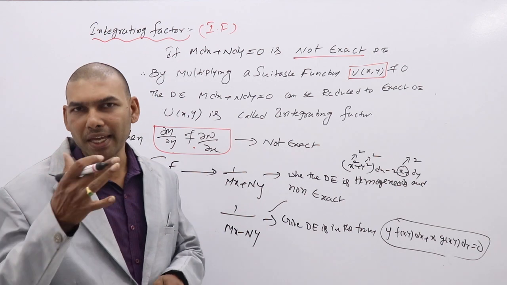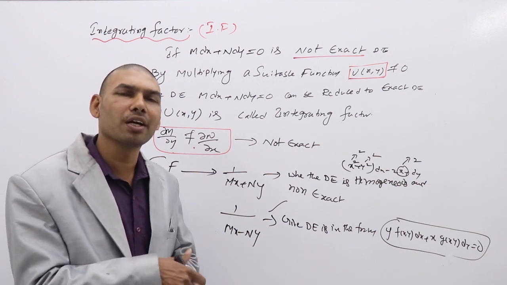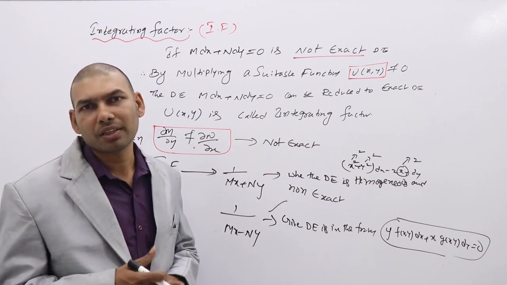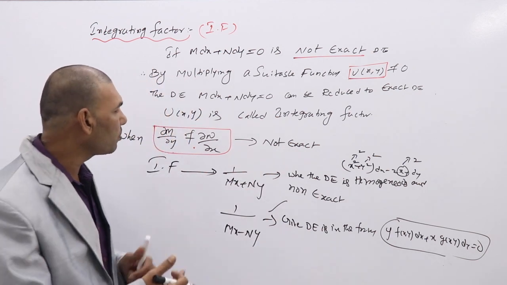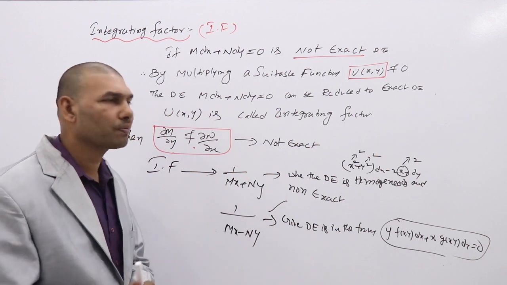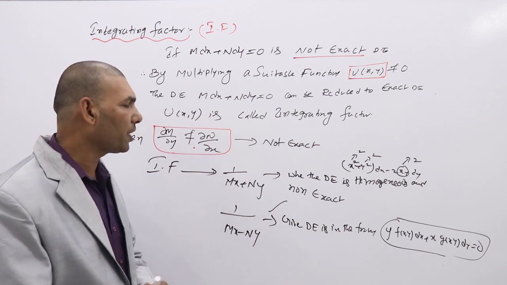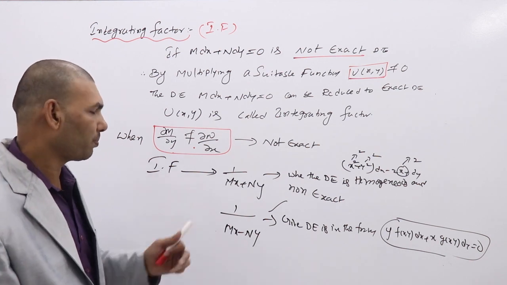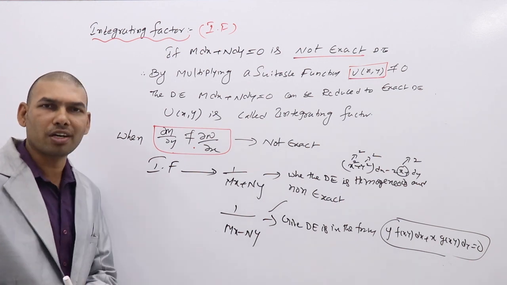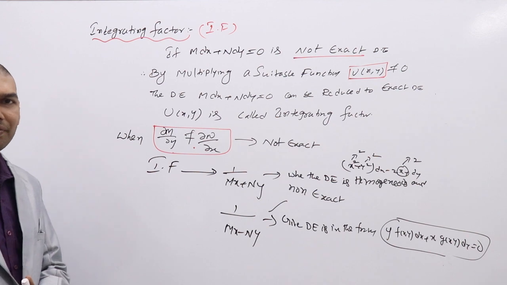You need to multiply the given DE with a suitable function to make it exact. So that type of problems we are going to discuss on this. Okay, this is an important topic, reducing non-exact to exact, for essay type. Exact is directly for short answer. Okay.